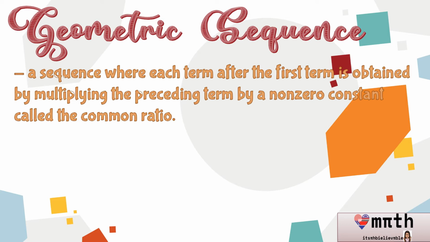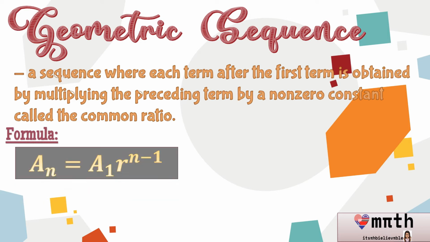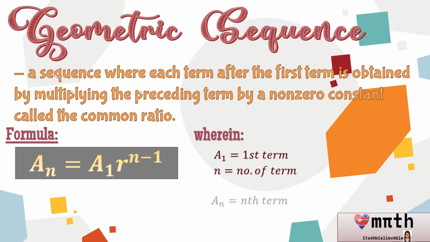And it has a formula which is a sub n is equal to a sub 1 times r raised to n minus 1, wherein a sub 1 is the first term, n is the number of terms, a sub n is the nth term or last term, and r is your common ratio.